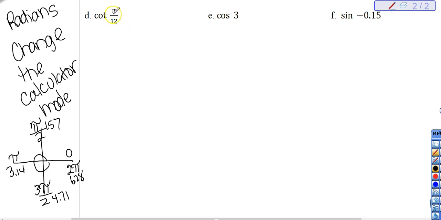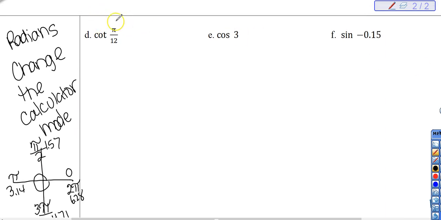Some people can see that cotangent of pi over 12 will have a terminal side in quadrant 1 because it's pi, which is 180 degrees, divided by 12, right? So that means I'd have to put 12 slices in the top half of my coordinate plane. But if you change it to a decimal, just quickly divide for me, please. Pi over 12, which is also approximately, give me 4 decimal places, 0.2618 or 7.